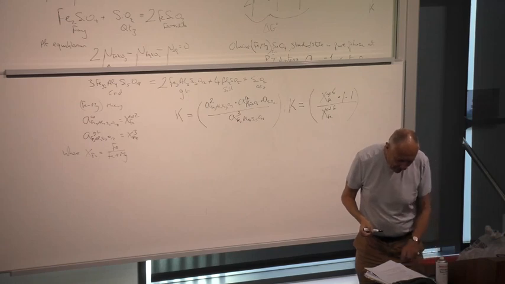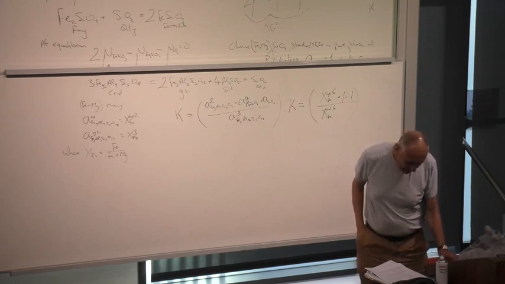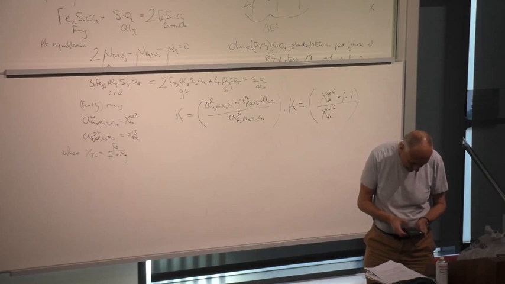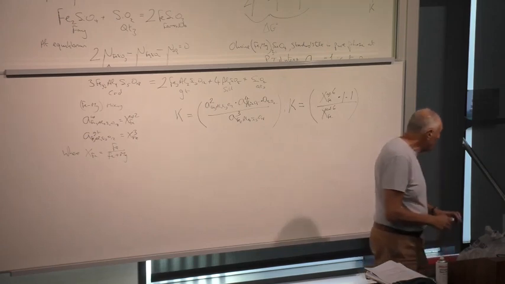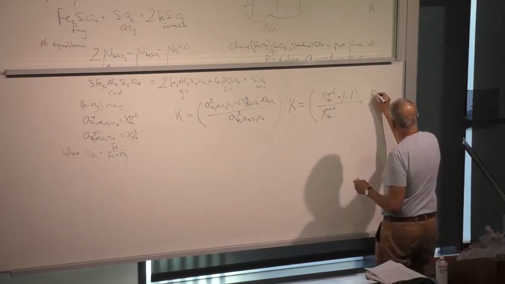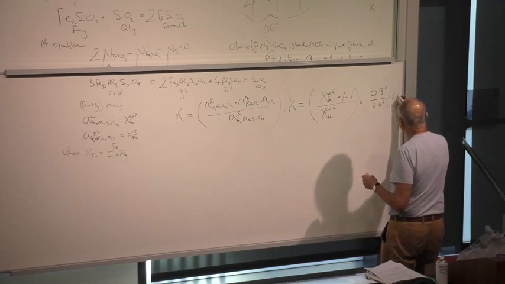So in this case, I think the equilibrium constant in the second part of the question was 2 to the power 6, which is 64. So it was 0.8 to the 6th over 0.4 to the 6th is 64.